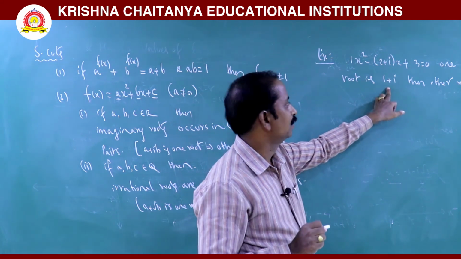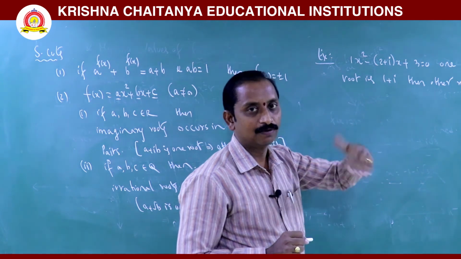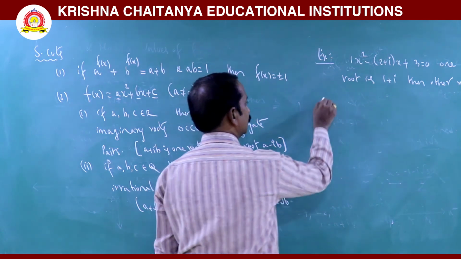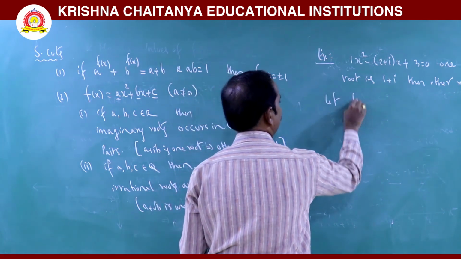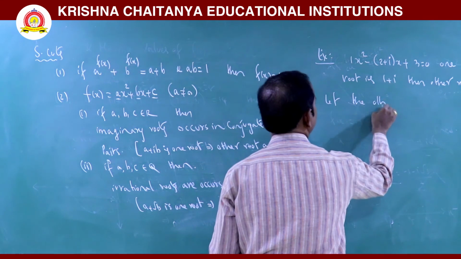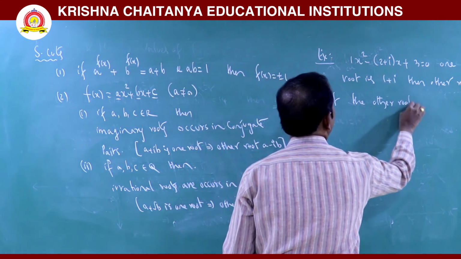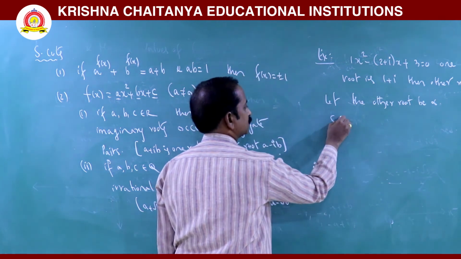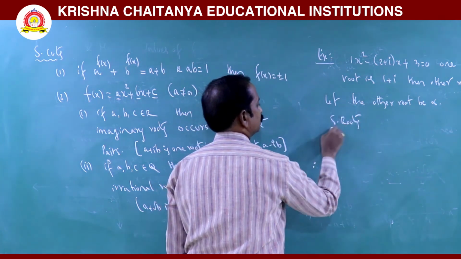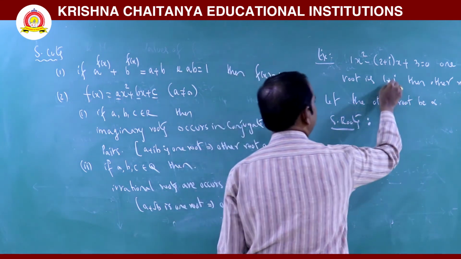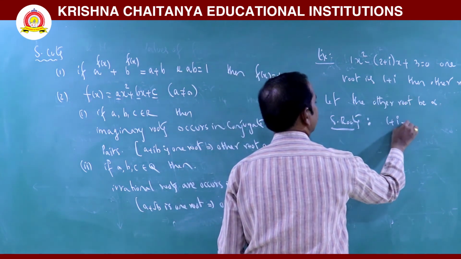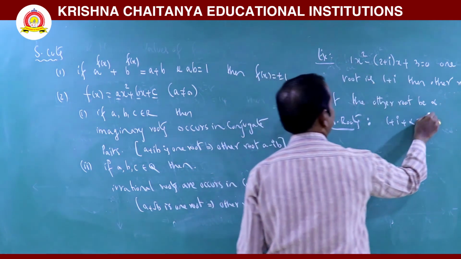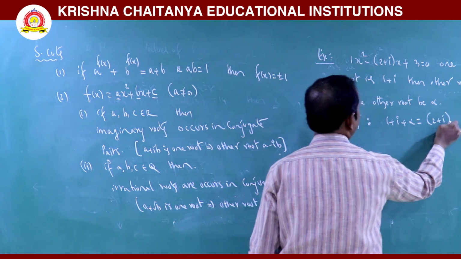How to get it? One root is 1 plus i, we don't know the other root, so for convenience the other root will be taken as alpha. So let the other root be alpha. Sum of the roots, alpha plus beta, means 1 plus i plus alpha is equal to, by the sum of the roots, minus b by a, which is 2 plus i.